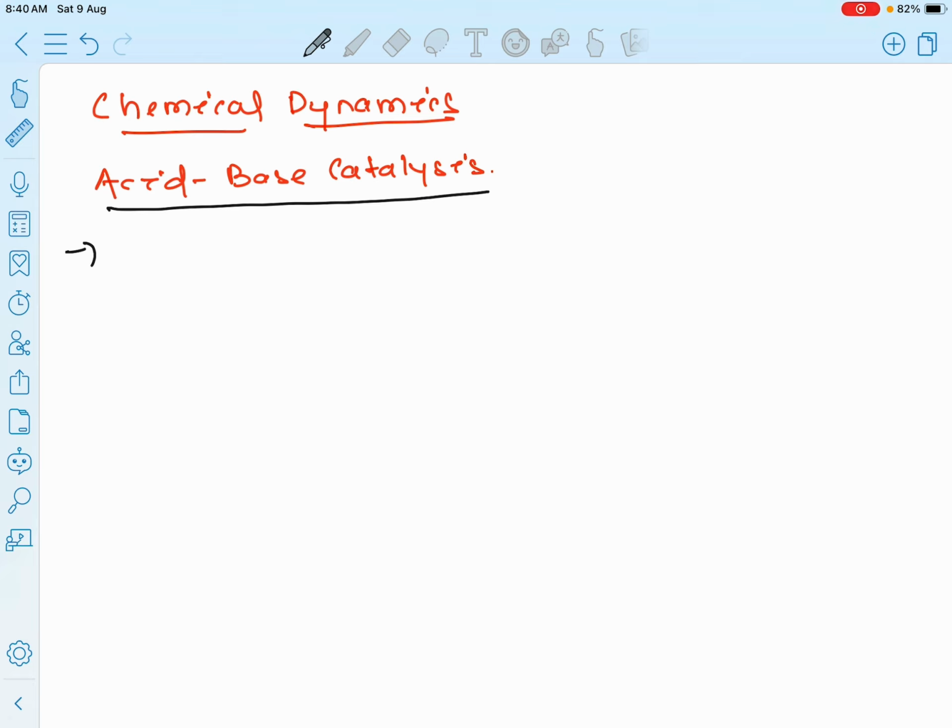And if we add some base to a particular reaction, if the rate of the reaction increases and the amount of the base before and after the reaction remains same, then the reaction is said to be a base catalyzed reaction.